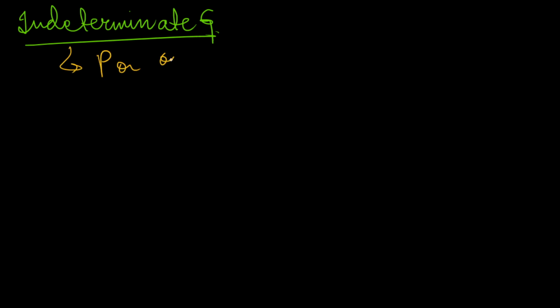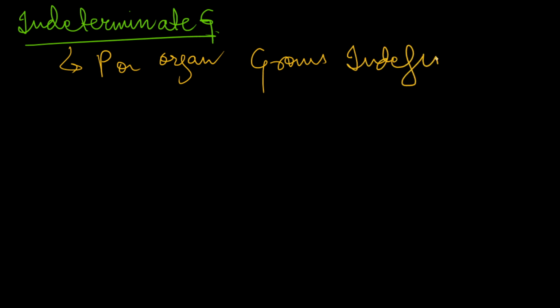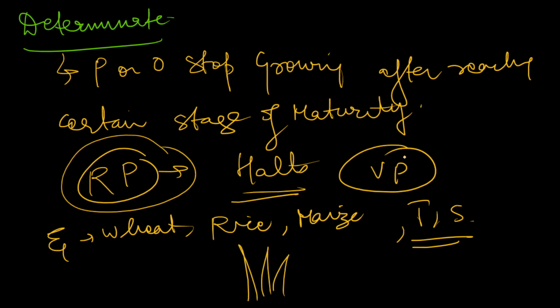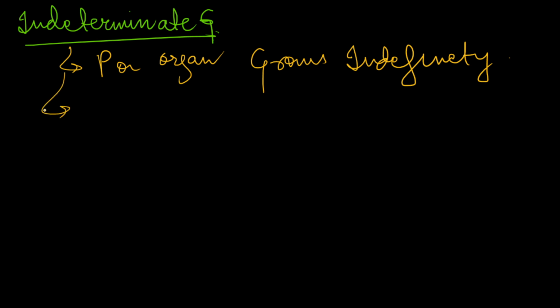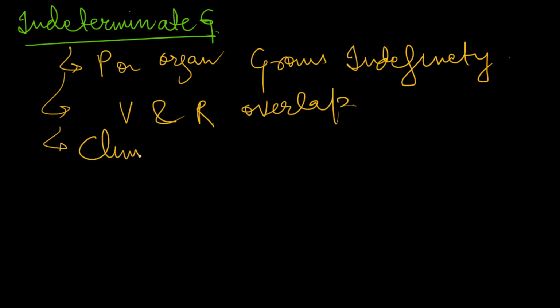In determinate growth the reproductive phase halts the vegetative phase, but here both go simultaneously, so the vegetative and reproductive phases overlap. You will generally find this in climbing plants. They keep on growing, keep on growing. In perennials also, they keep on growing.